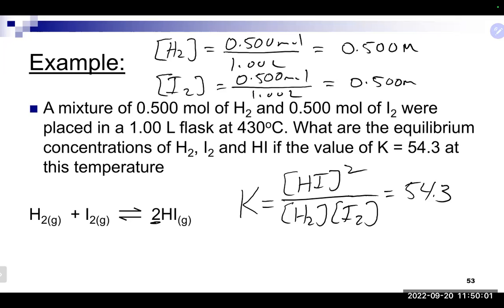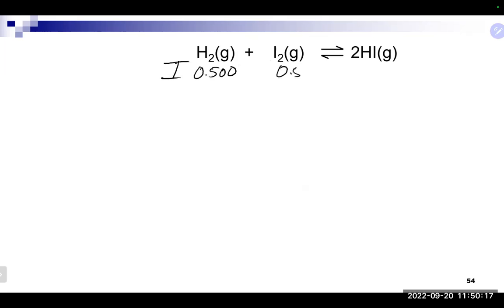All right, now we have our expression, we have their concentrations, we're ready to go into our ice table. Initially, we had 0.5 molar, 0.5 molar. And once again, we were not given any information about HI, so it is safe to assume that it's going to be 0 to begin with.